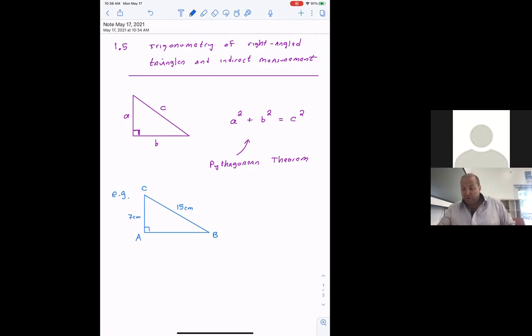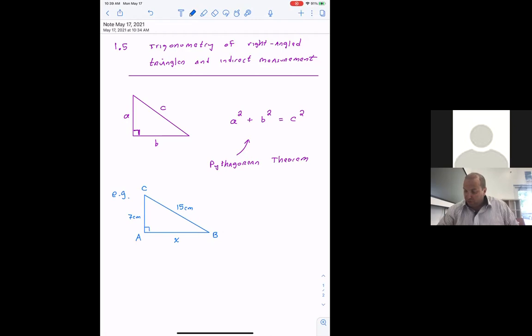When you're using the Pythagorean theorem, the one mistake I see people make is always assuming that the unknown, which you can label by whatever you want, we'll call it X, is always on the C squared side of the Pythagorean theorem, but it's not. The hypotenuse must be on the C squared side.